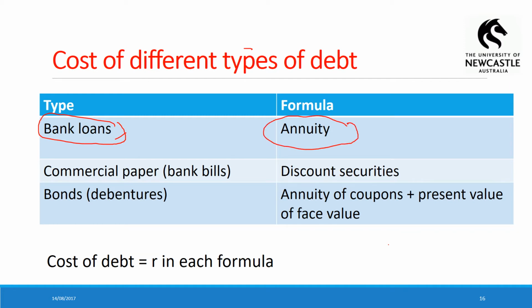They have fixed payments per year or per month, and they have a fixed maturity. The loan payments tend to be fixed and equal for each period, and therefore we use the annuity formula to work out the costs of bank loans.